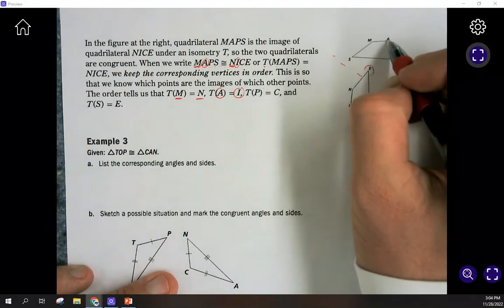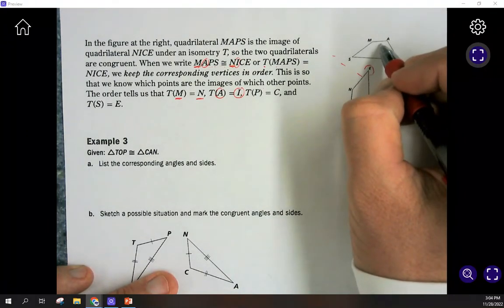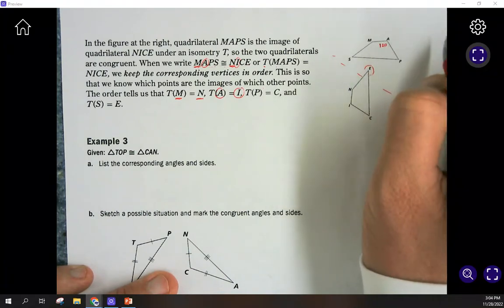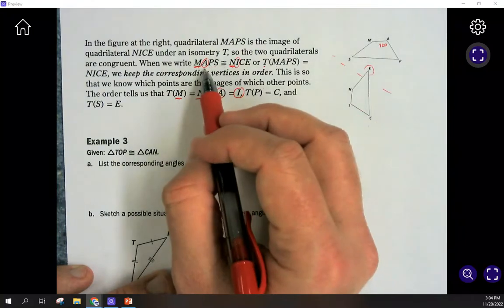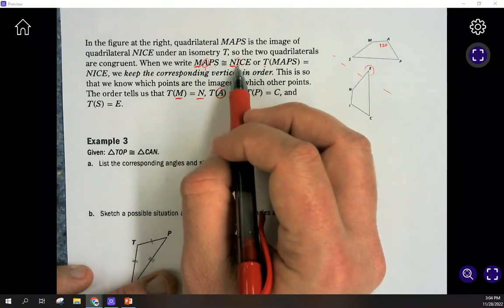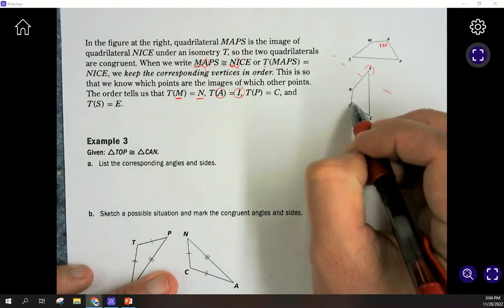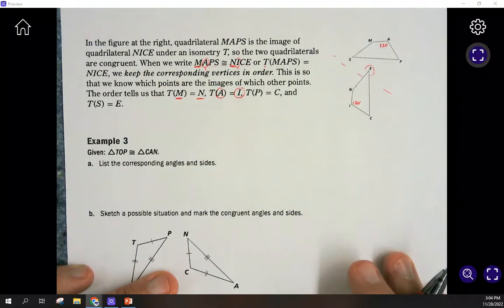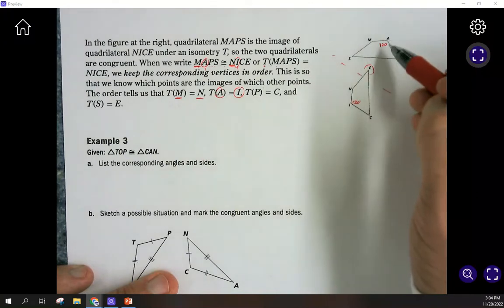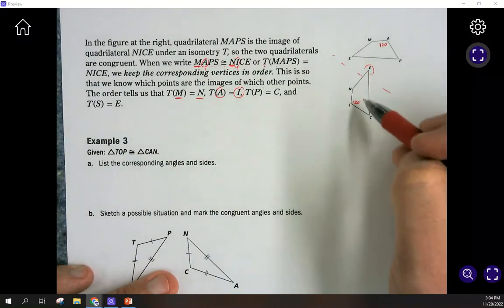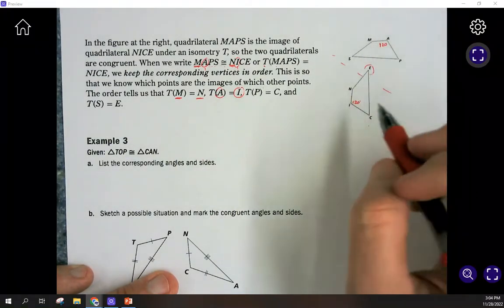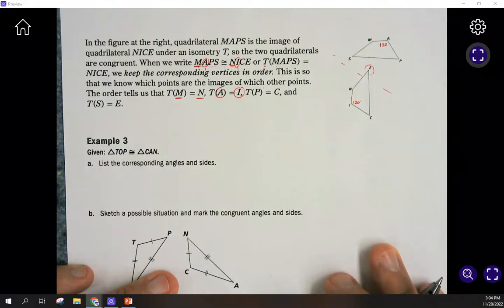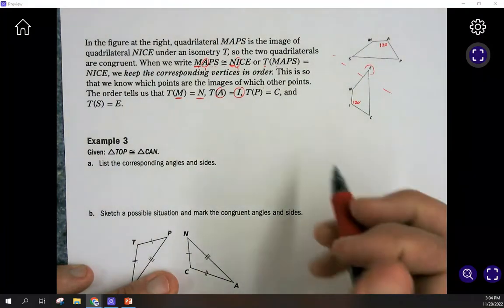What does that mean? So if over here in the picture A was equal to, let's just make up, that's an obtuse angle there, let's say that's 120 degrees. If A is 120 degrees, because it's in this position, I know I is going to match it. And so I know I is 120 degrees because those are the corresponding parts. Corresponding parts, as in angles, as in sides, corresponding parts of congruent figures are congruent.